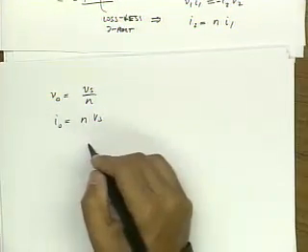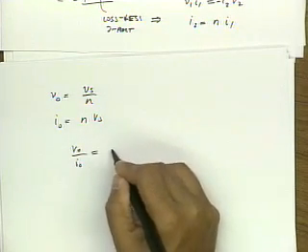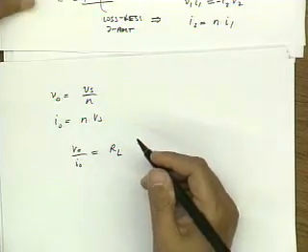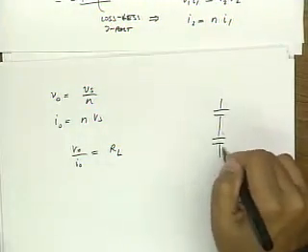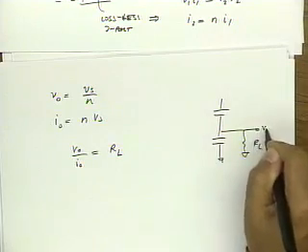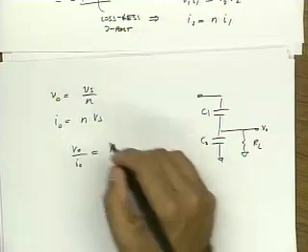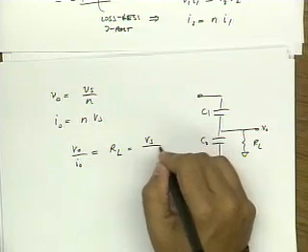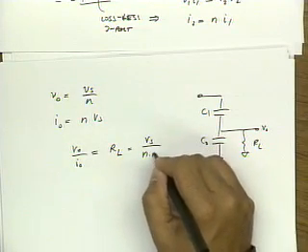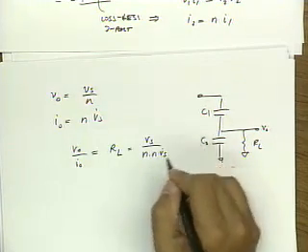So if I look at V out over I out, that's simply equal to RL. Redraw that here. But substituting here, it's equal to Vs over N times N Is.